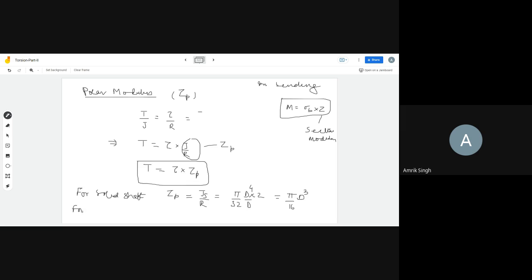For the hollow shaft, Z_P is equal to, for hollow shaft we know J is pi by 32 into D to the power 4 minus d to the power 4, divided by R. This way we can calculate the polar modulus for the case of the solid shaft and the hollow shaft.